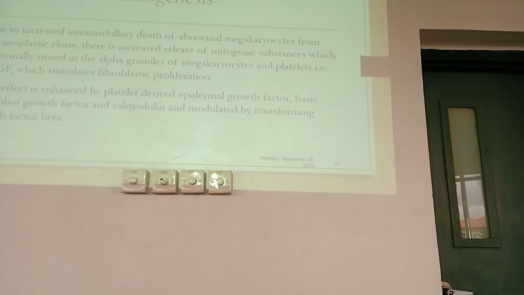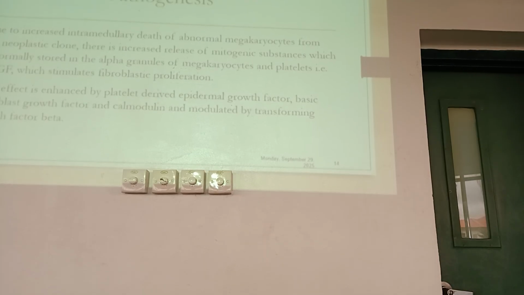When the megakaryocyte dies in the marrow, it releases mitogenic substances such as platelet derived growth factor (PDGF), and the effect is enhanced by basic fibroblast growth factor and calmodulin released from the platelets, resulting from the death of the platelet.